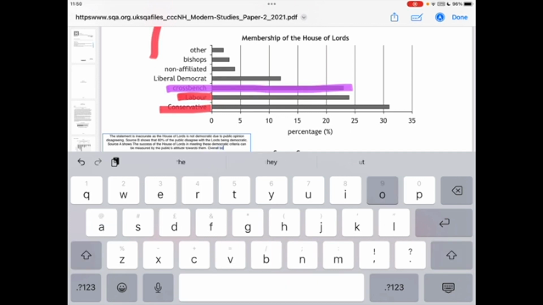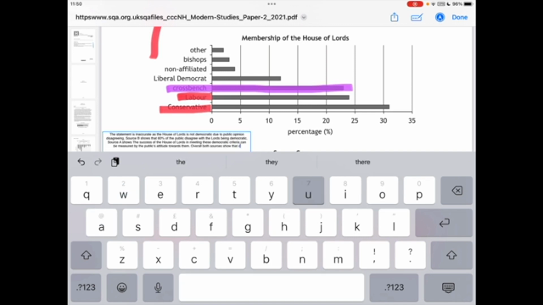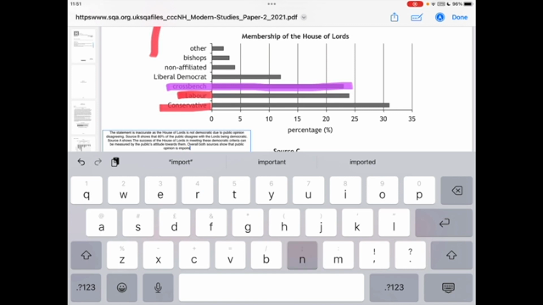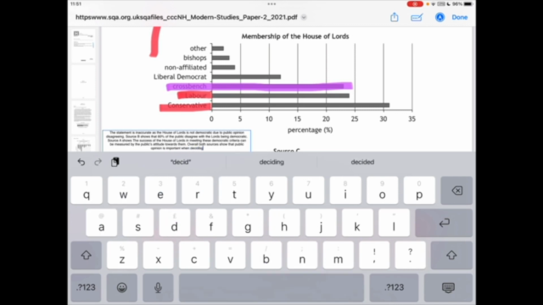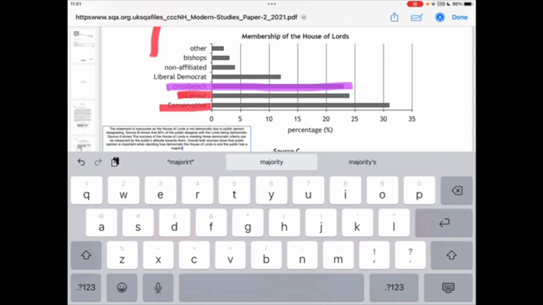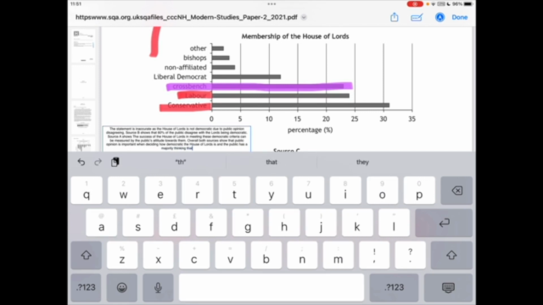Overall, both sources show that public opinion is important when deciding how democratic the House of Lords is, and the public has a majority thinking that it is not democratic.